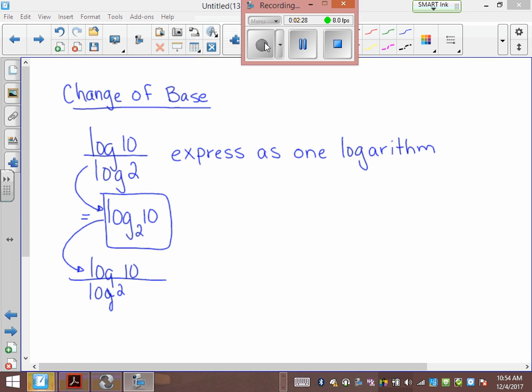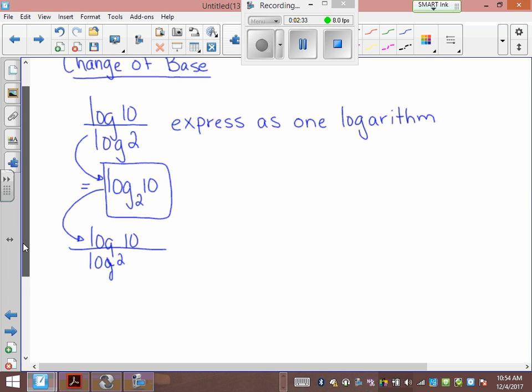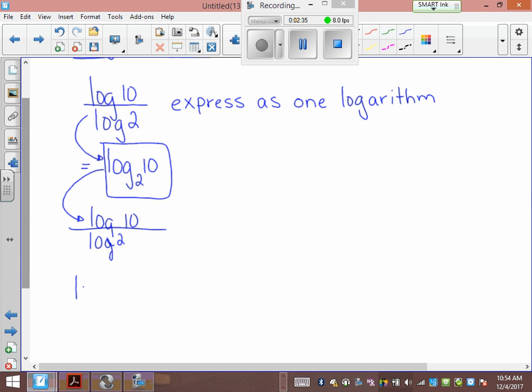Okay? Now where would that be helpful? If I gave you log 9 divided by log 3, and I asked you to solve it, and I took away your calculator.